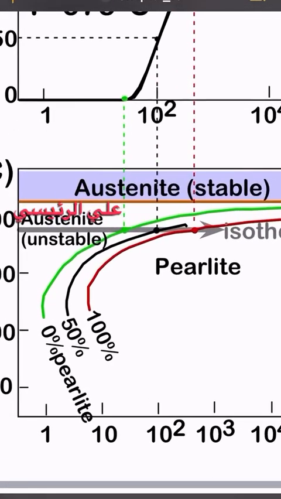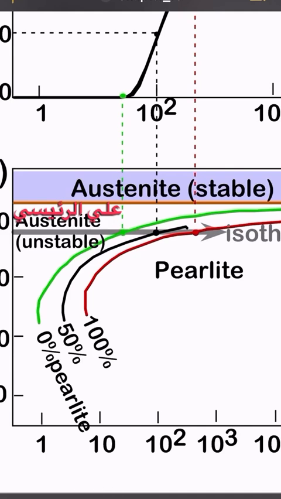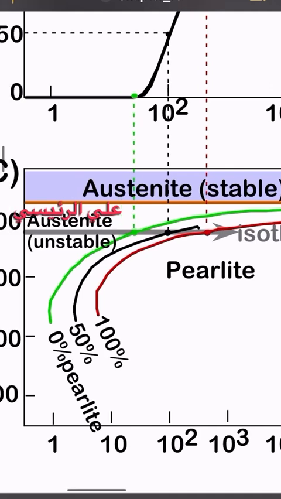What I mean, in short words, is that the green line is 0% perlite.